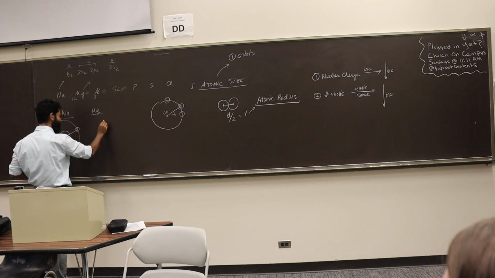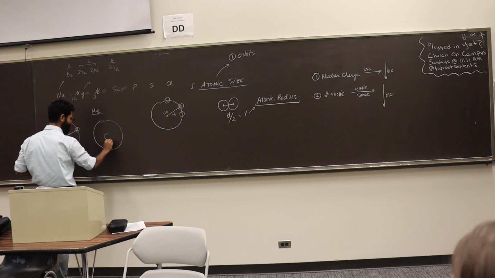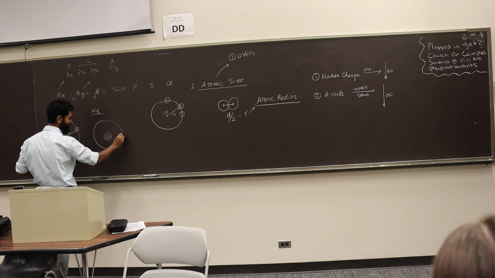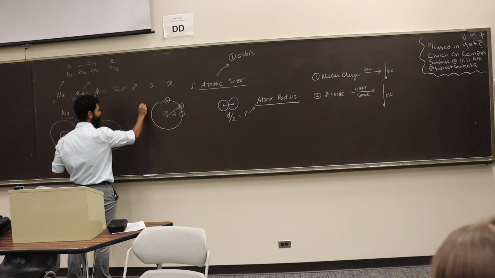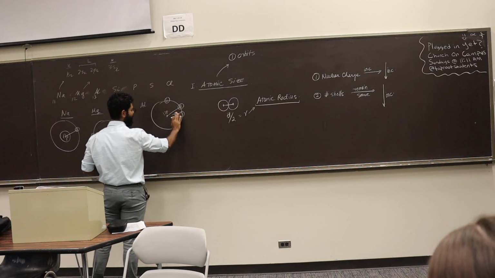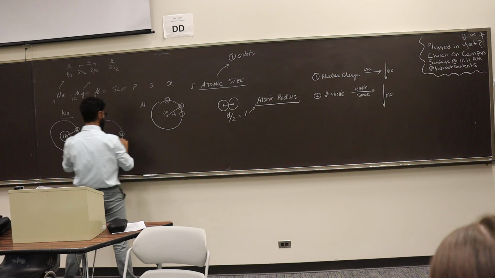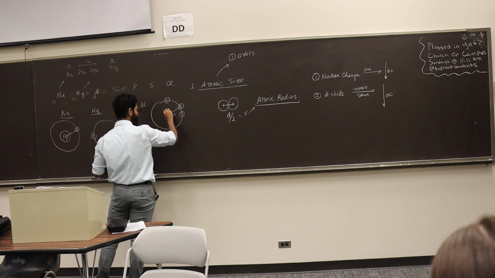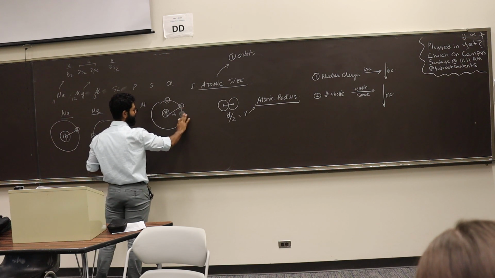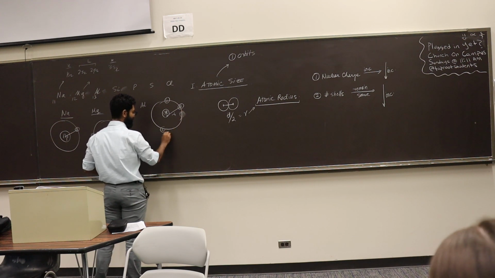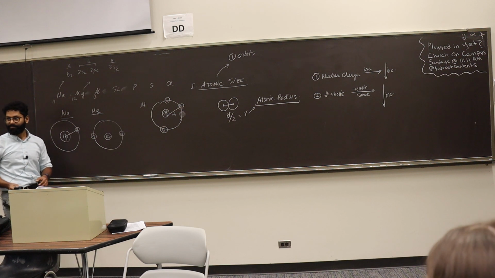Mg will be 12 protons here and 2 electrons. Aluminium will be 13 protons inside and 3 electrons in the orbit.